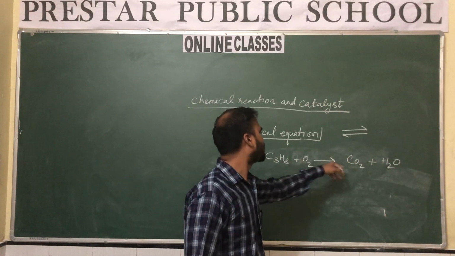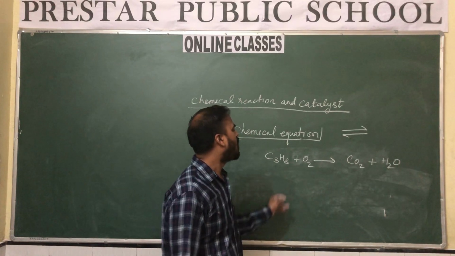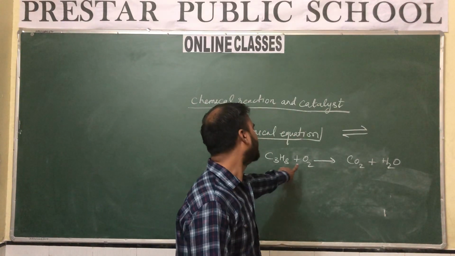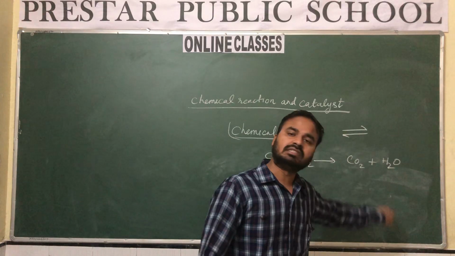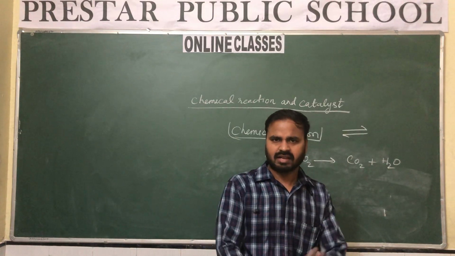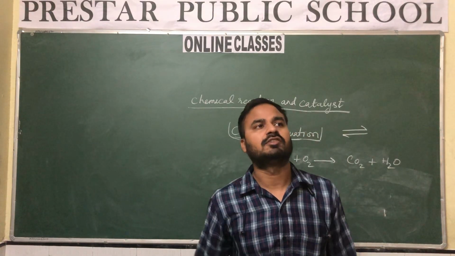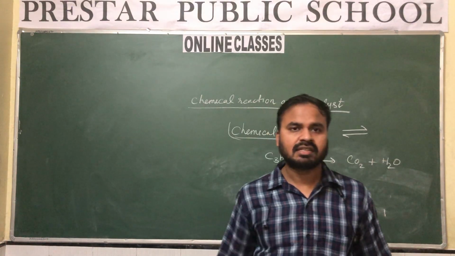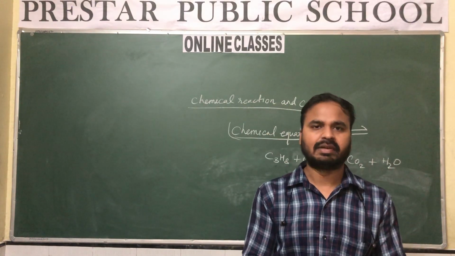Now just see, the numbers of carbons, oxygens, all things are not equal. These are the reactants and these are the two products. But this equation is not balanced. So in this portion we will discuss how to balance a chemical equation.